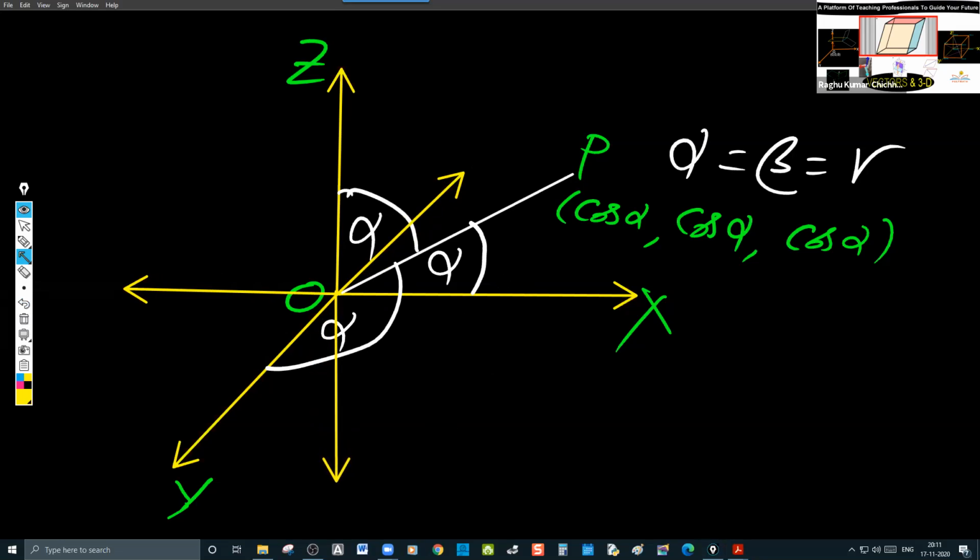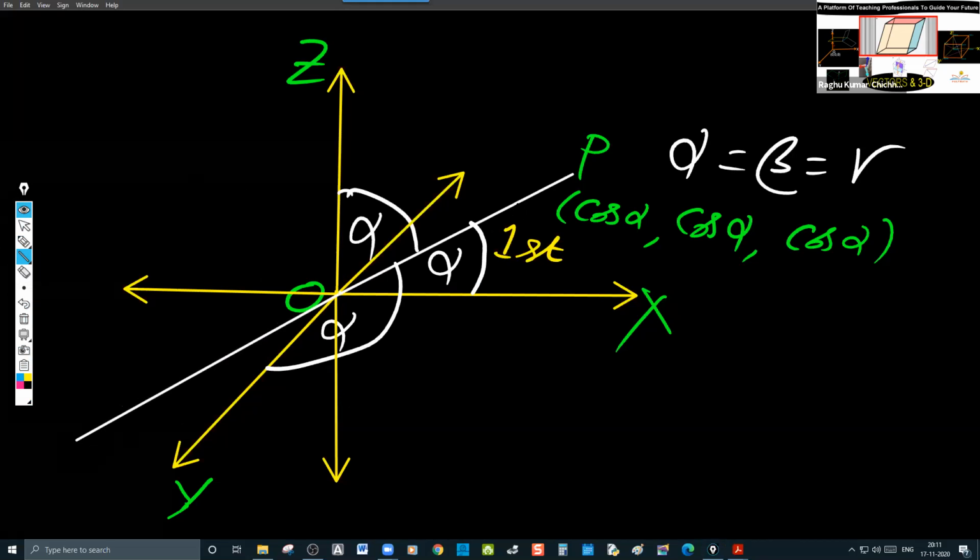Correct or not? In the top portion there are 4 octants, and below them 4 octants. Now, if you take this as the first octant, from the first octant till the end diagonally opposite to it, if you extend this OP line, it will be extended like this.